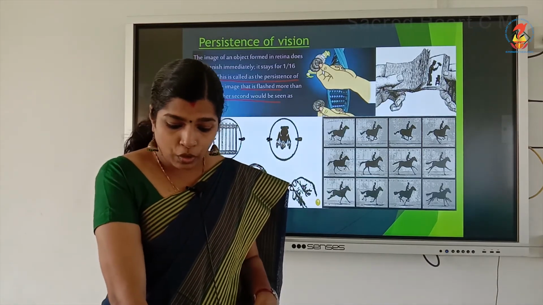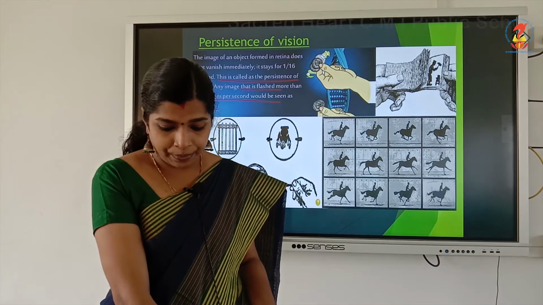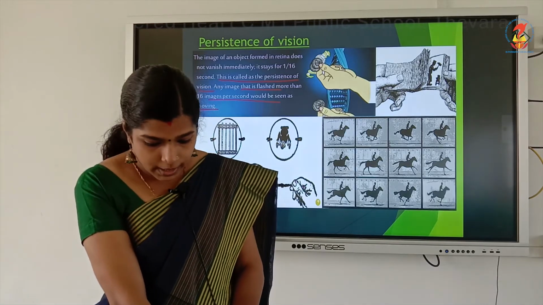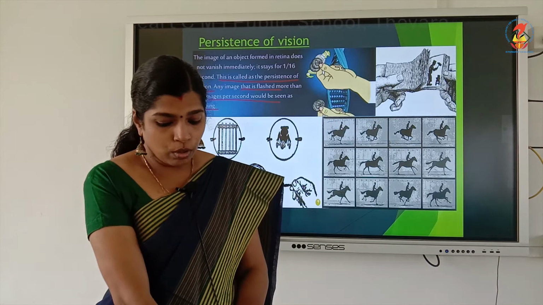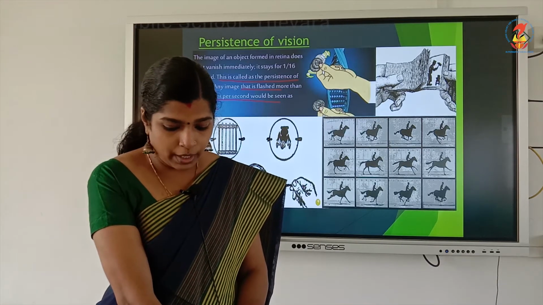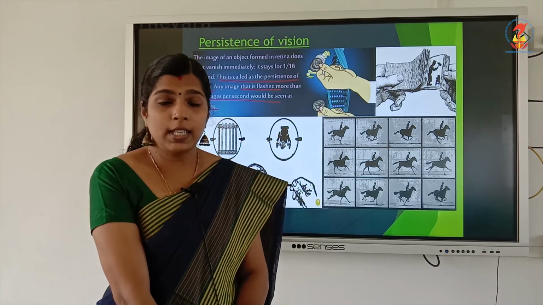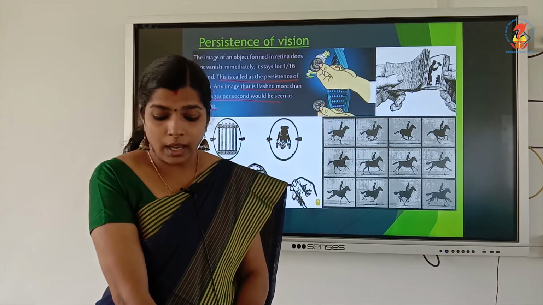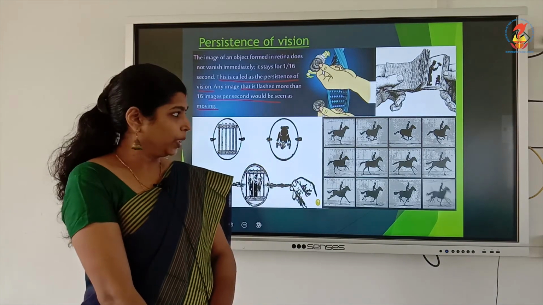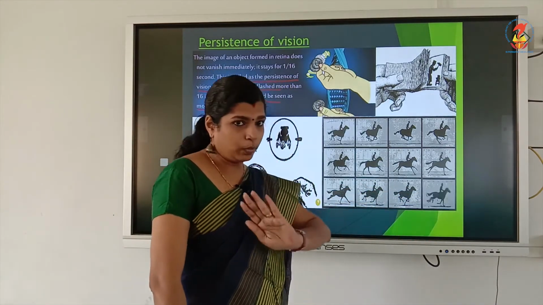The impression of an image does not vanish immediately from the retina. It persists there about 1/16th of a second. So, if still images of a moving object are flashed on an eye at a rate of faster than 16 per second, then the eye perceives this object as moving. Here you can see, actually, this object is not moving.